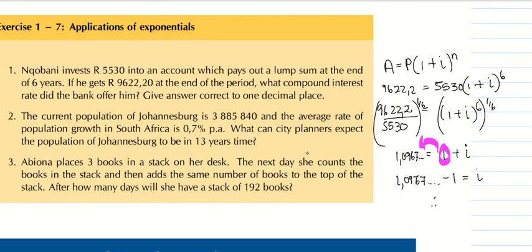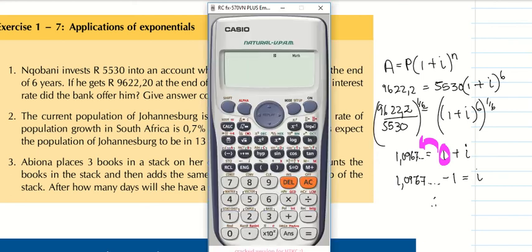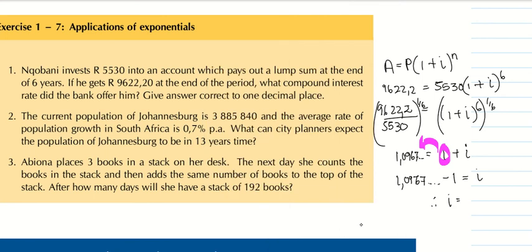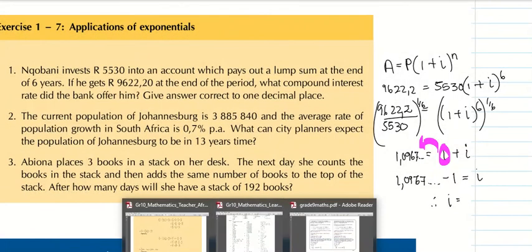So now I go to my calculator and press alpha, type A minus 1, which is equal to 0.0967, where's that answer?